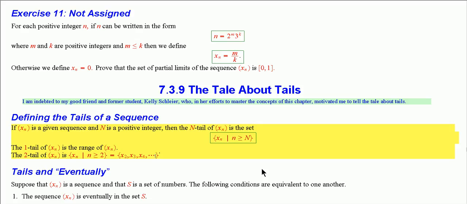False comes before true alphabetically. Who's voting false? Given a sequence xn and a positive integer big N, this set here, the big N tail of sequence xn, is an infinite set.